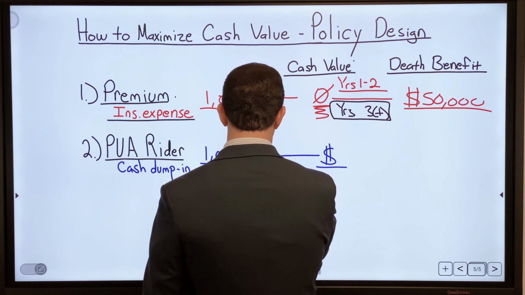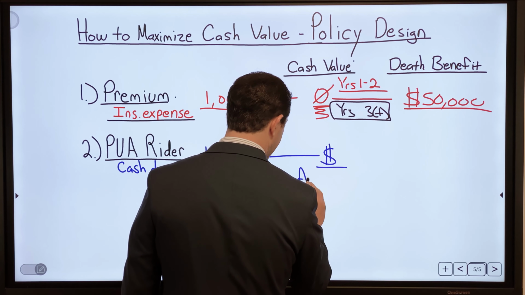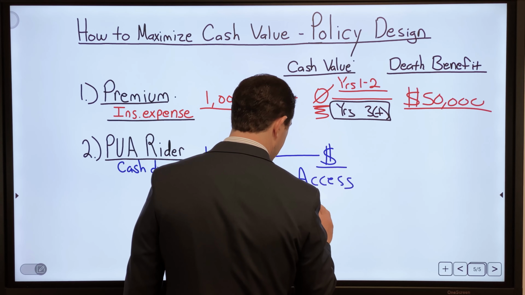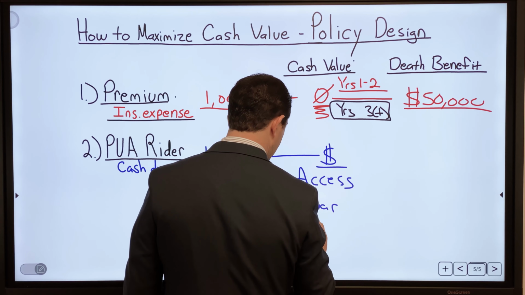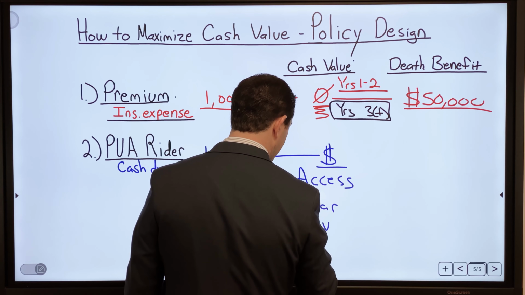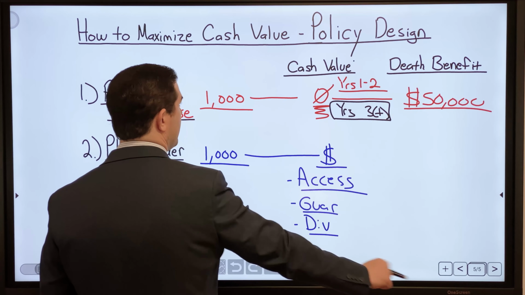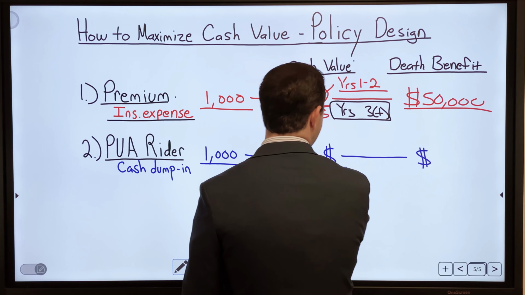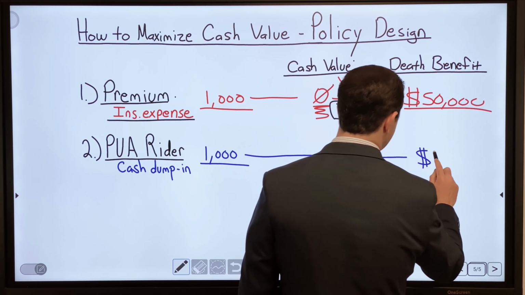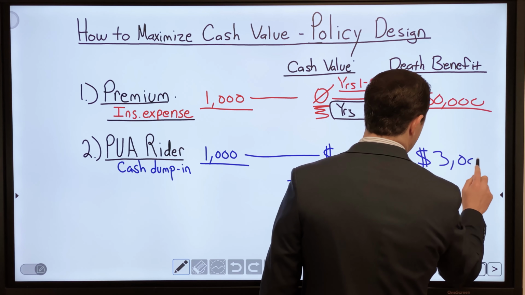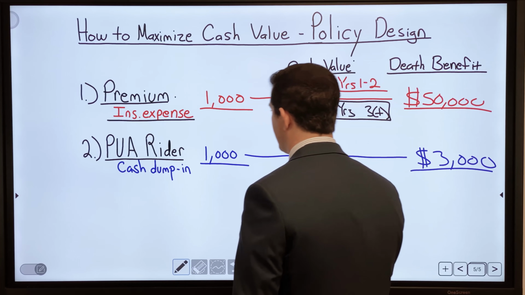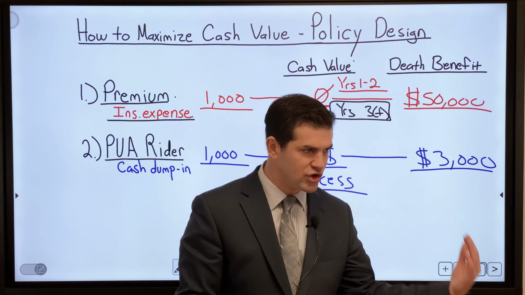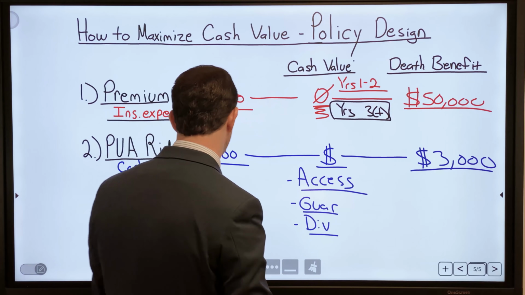But dollars that go towards the PUA component, this is money I can access and it begins to yield the guaranteed rate and dividends sooner because I have money in cash value immediately. Now, it will buy me some life insurance. PUA stands for paid up additional life insurance. Depending on my age, we might see on average, if I pay $1,000 in, another $3,000 show up in whole life death benefit as a result.